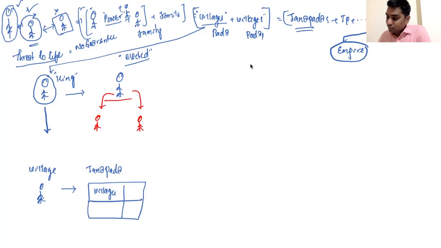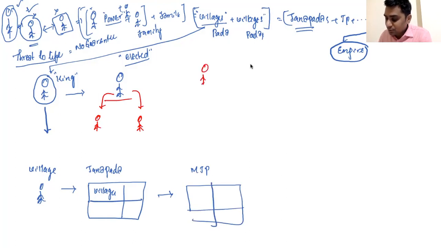Now again, as we moved from Janapadas to Mahajanapadas, which is a combination of a group of Janapadas, again the king expanded his council because the number of people he had to govern had increased, right? So again, the king's council increased.